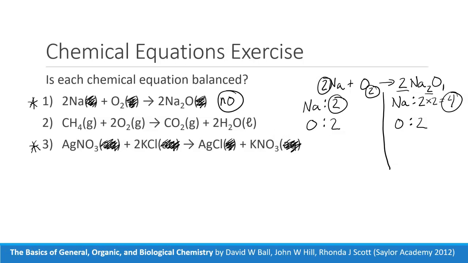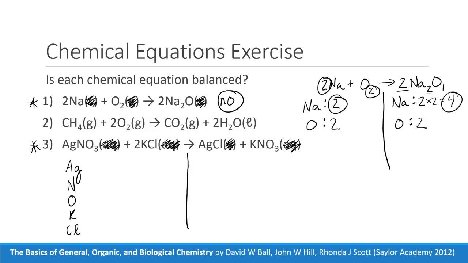Okay, so let's try this again for number 3. Now number 3, again, I'm going to put an arrow or a line directly underneath that arrow to separate my reactants from my products. And then I list out each element that I have, which is silver, nitrogen, oxygen, potassium, and chlorine.